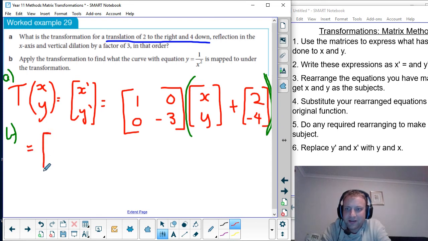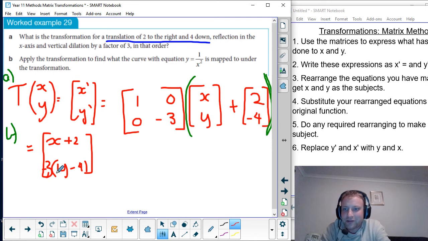There's just a 2 being added to it, then it's being multiplied by 1. Multiplying something by 1 doesn't really do a whole lot, so it's just going to be x plus 2. What's going to happen here? The y will have the 4 subtracted from it first. But then, after that 4 is subtracted from the y, the whole thing's going to get multiplied by negative 3.